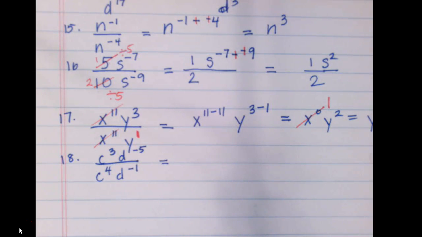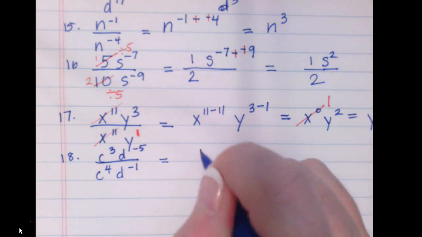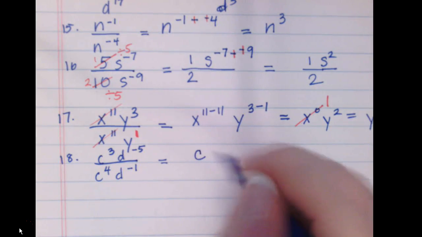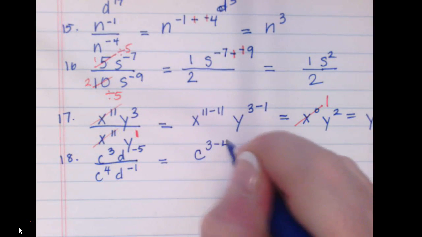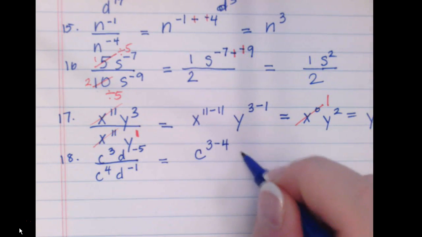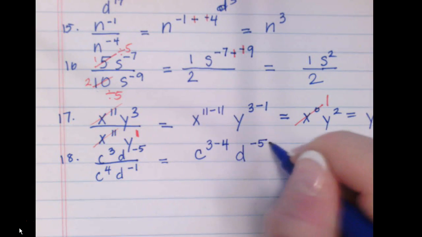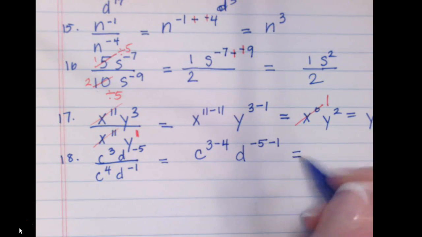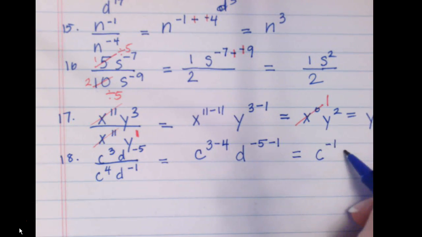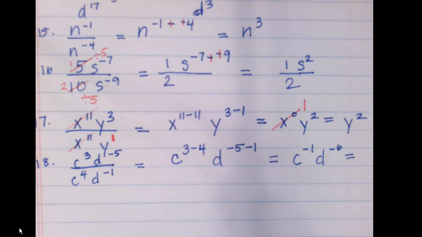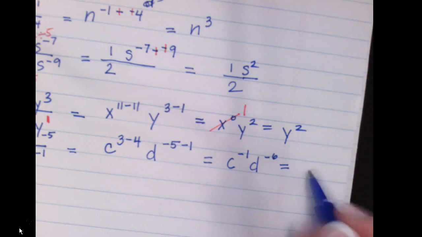So I'm going to do that. I'm going to write down my variable c, and I'm going to show how I'm going to subtract my exponents. I'm going to write down my variable d, and I'm going to show how I subtract my exponents. I'm going to work out the math, c to the negative 1, d to the negative 6th, and then I'm going to simplify using the negative properties.